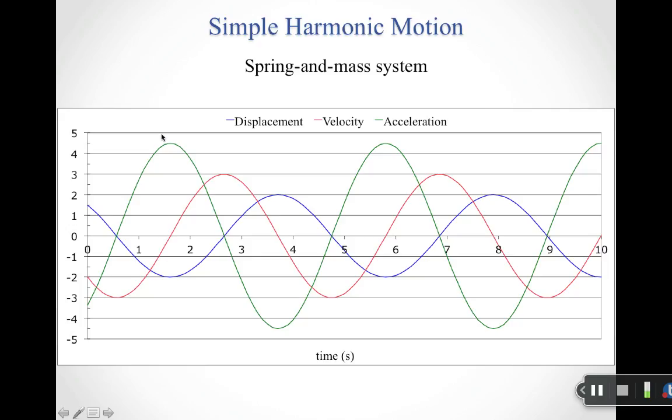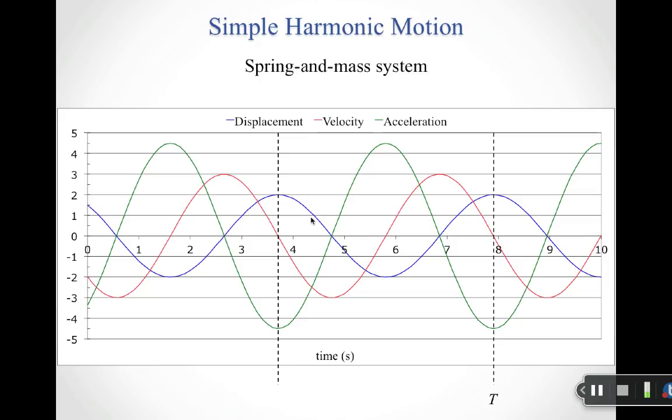This is what the functions are going to look like. Now again, the heights of these functions can be very different, but in terms of how they relate in time, there's a very particular pattern we can pay attention to. Let's pick this particular point, because it happens to be where the displacement curve, the blue curve, is at its maximum in the positive direction.